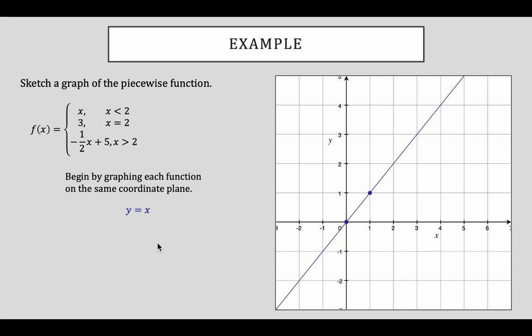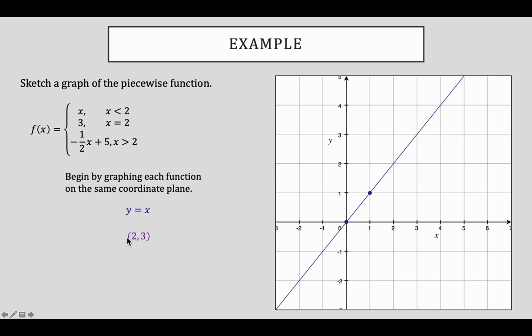Let's look at the second piece of the piecewise function. Now, this one's a little bit interesting. This is telling me that when x is equal to 2, I get out 3. And because this only includes one x value, this is actually going to be a singular point. When I plug in 2 for x, y is equal to 3.